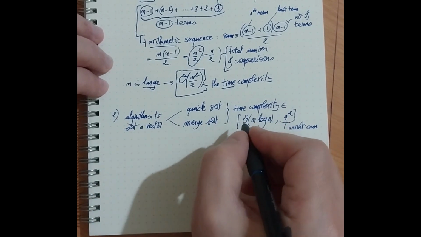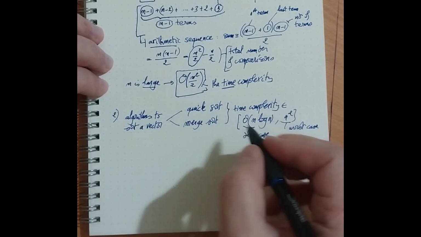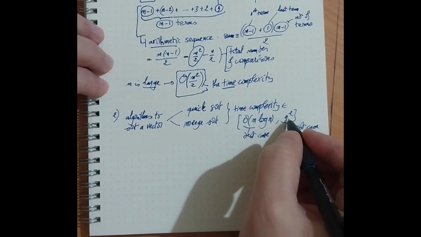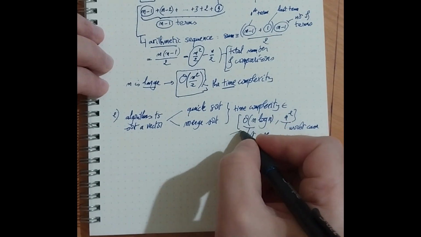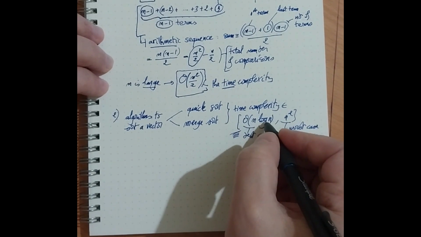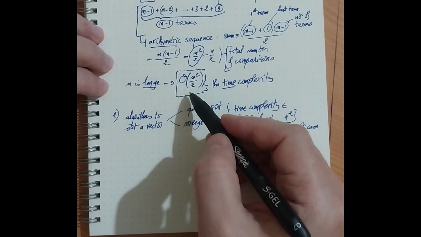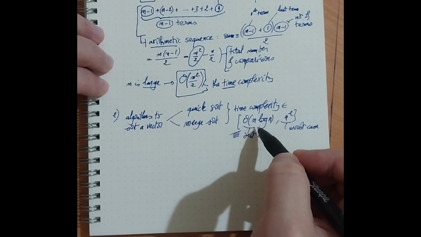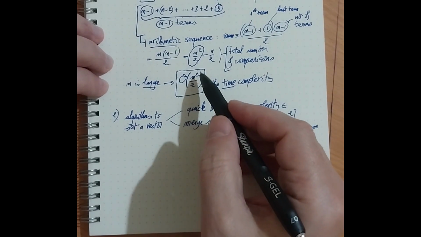It does not only depend on the algorithm in this case. It depends also on the data. And generally, it is closer to the best case. So they perform n log n, which of course is smaller than n squared over 2. So they are better than our algorithm.